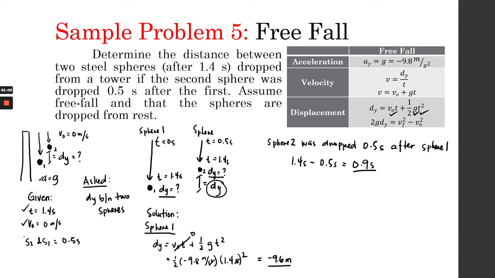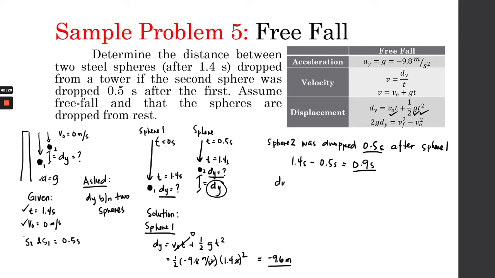So there's a difference between the times, and you just have to subtract the two. Then we get that sphere 2, the second sphere, was only in the air for 0.9 seconds, again because it was dropped 0.5 seconds after sphere number 1.